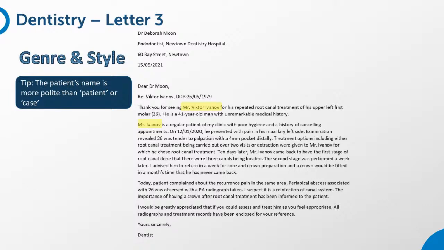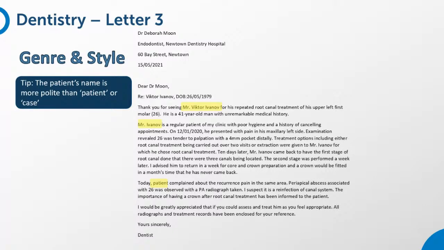So remember, my tip from this letter is that it's appropriate language for a healthcare letter to use the patient's name. And the first time you mention them in each paragraph, like Lou has done, in fact, we use the full name in the introduction, and then the patient's title and family name in the second and subsequent paragraphs, but avoid referring to them as the patient or this case.